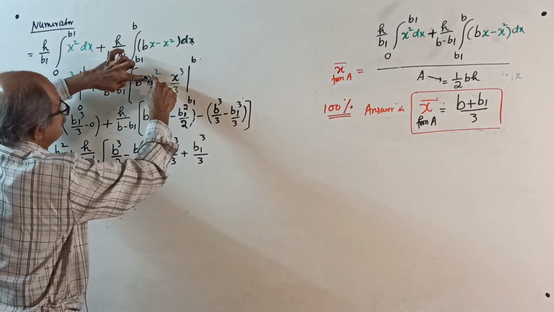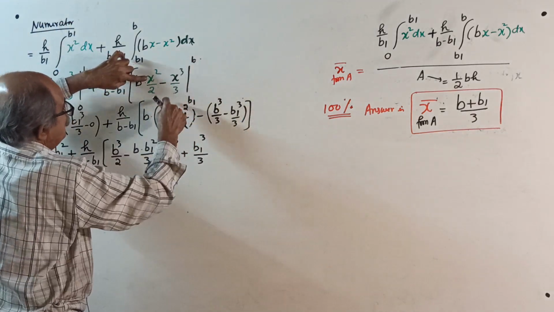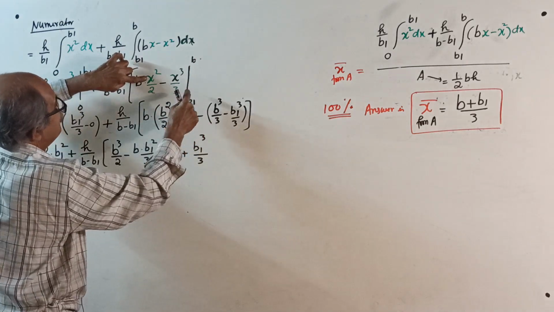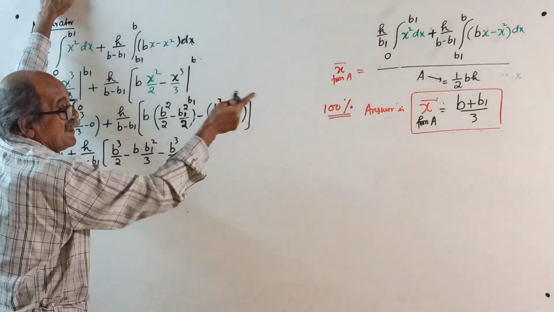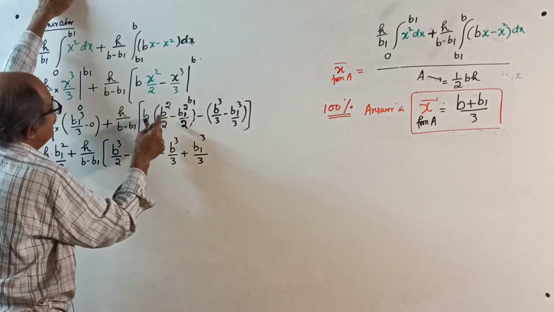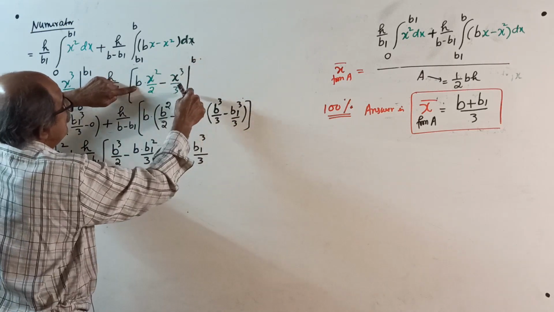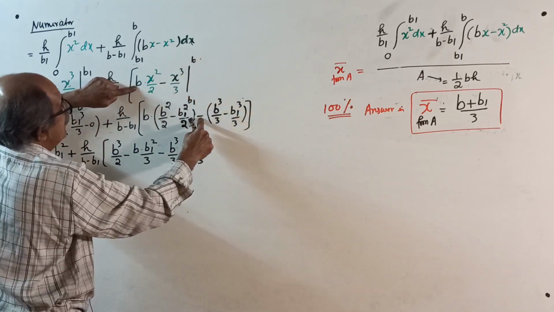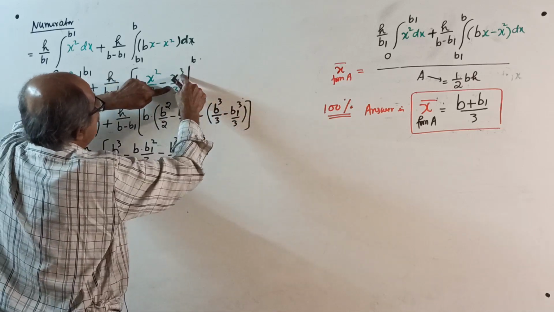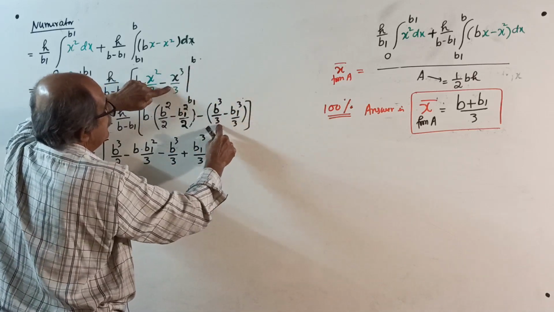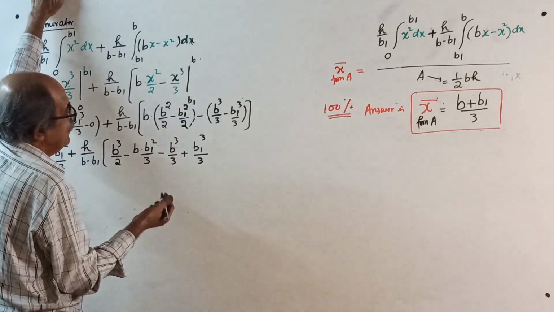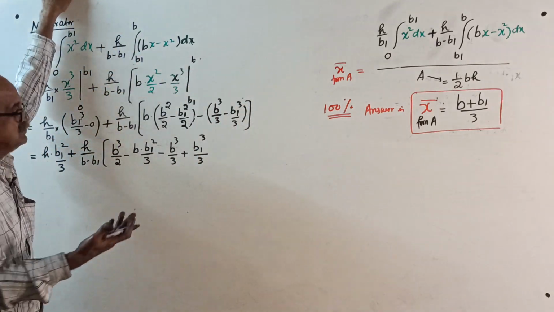When you substitute x square by 2, upper limit b square by 2 minus b1 square by 2. Actually here b into x square by 2 is b square by 2 minus b1 square by 2. Here minus b cube, x cube by 3 is b cube by 3 minus b1 cube by 3. See, sometimes such small mistakes will spoil everything.